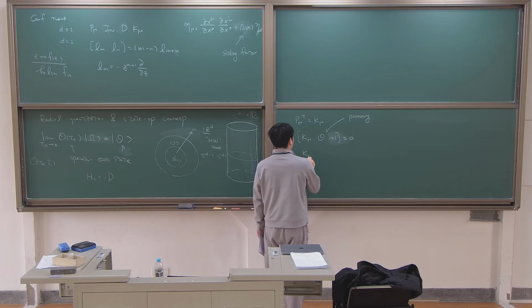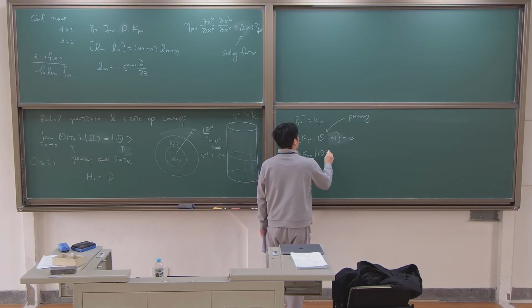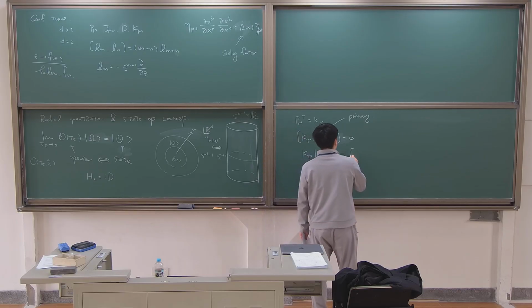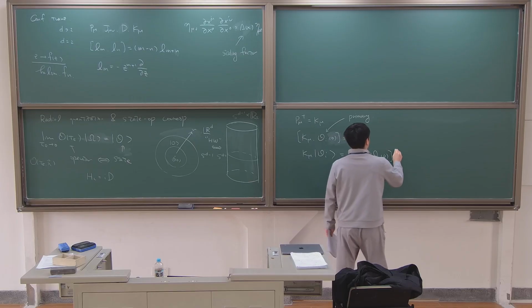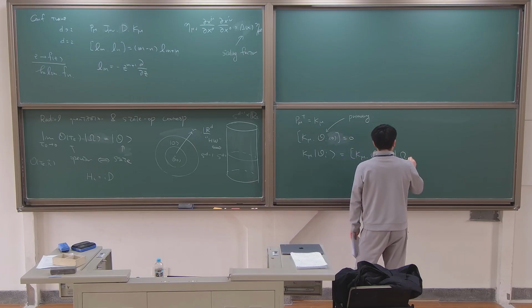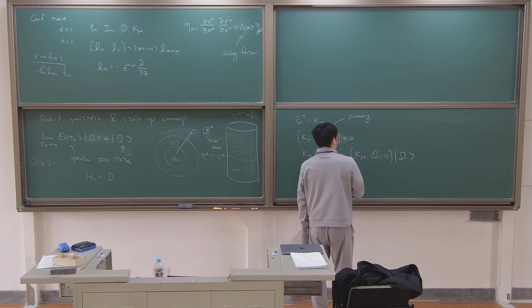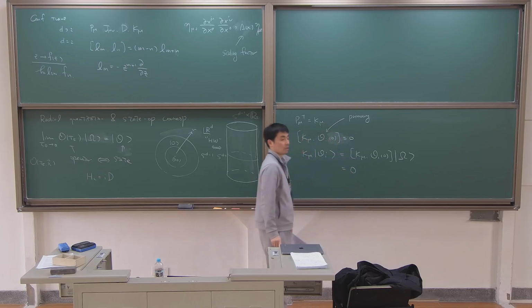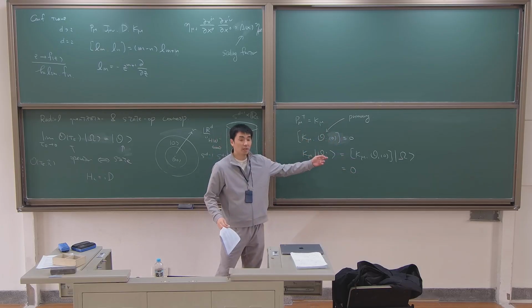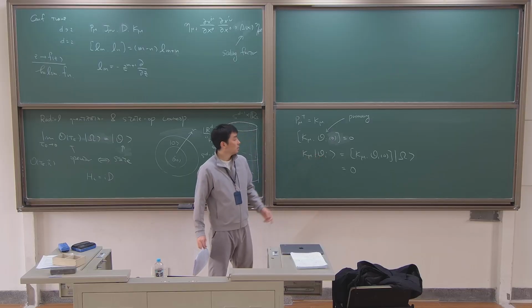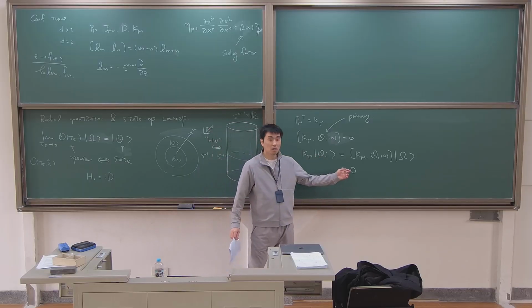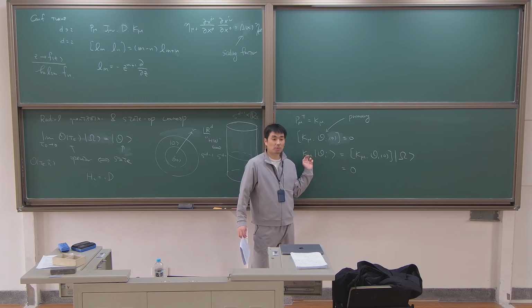K_mu acting on O_I(0) on the vacuum is equal to 0. So K_mu acting on states that correspond to a primary operator is annihilated.